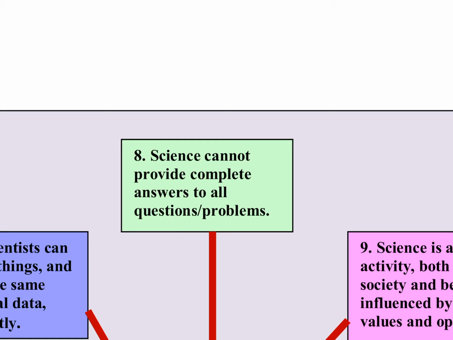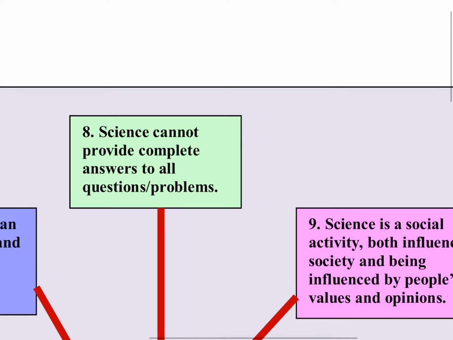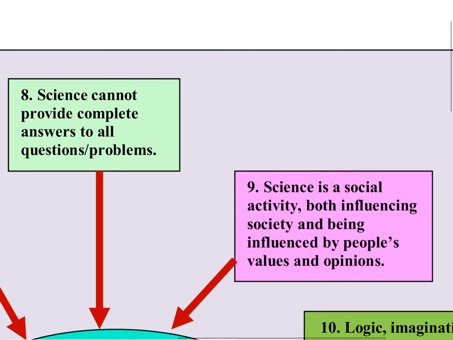So science talks about why somebody's eye is green or blue, but it will not tell us that a green eye or a blue eye is the most beautiful. It's not like that. So complete answers we may not get from science.